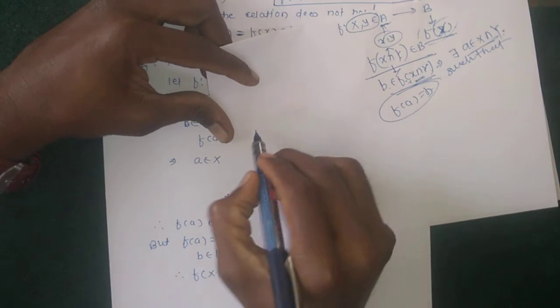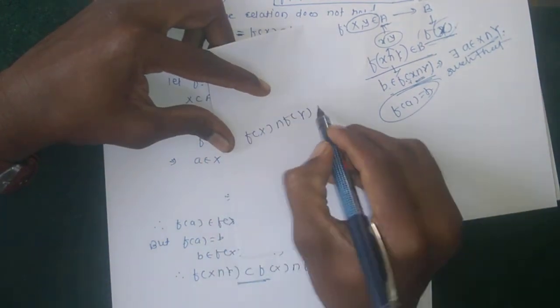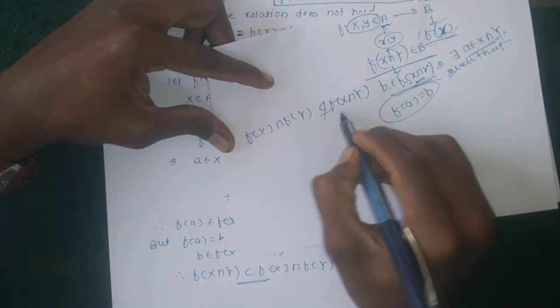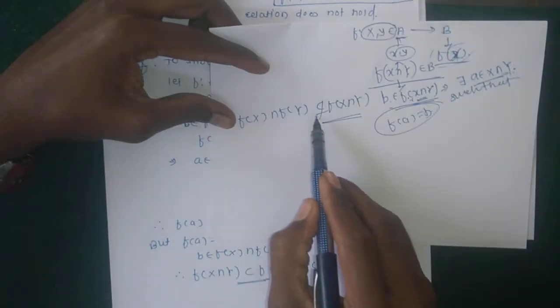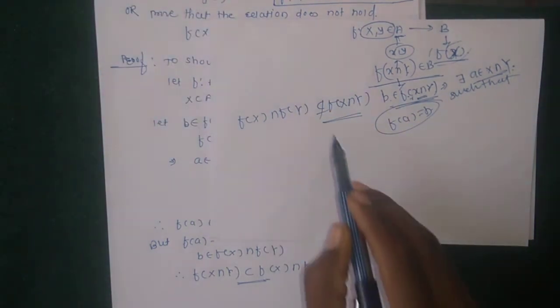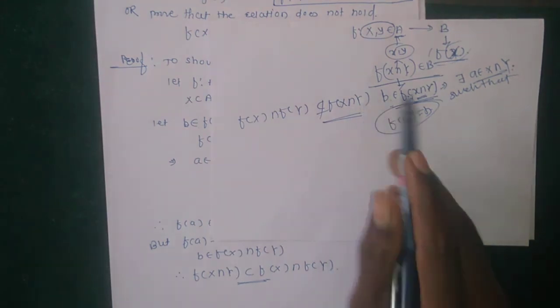Why? Suppose that f of x intersection f of y is not a subset of f of x intersection y.